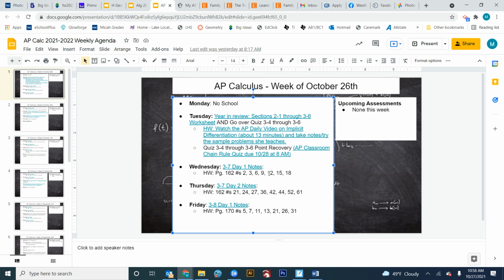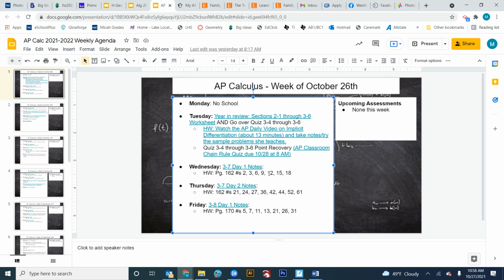All right, on number 2, the other side of the equal sign, it's 18xy. 18 times x times y. What rule would you use for 18 times x times y? Product, good. Now question, could you write the 18 out front and then parentheses do the product rule on x times y?